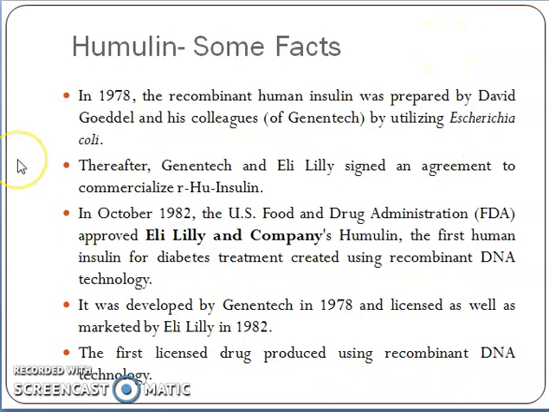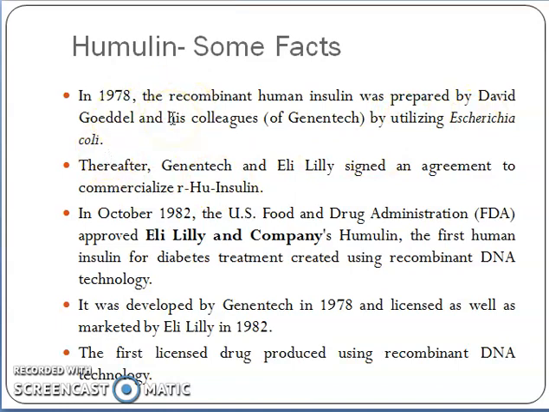Some facts about this humulin. In 1978, the recombinant human insulin was prepared by David Goeddel and his colleagues, who were working in a biotechnology company named Genentech, and they utilized Escherichia coli for achieving that objective.